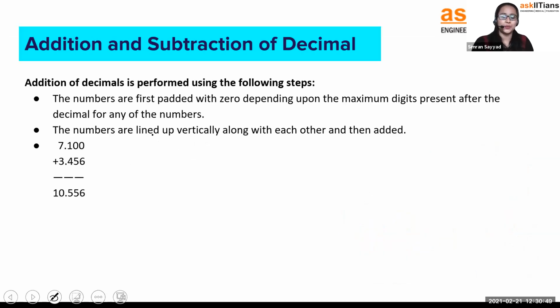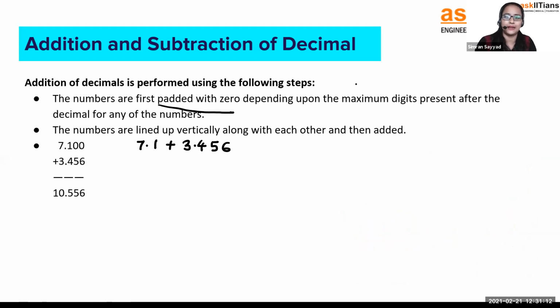Let's quickly start with how to add a decimal. Let's say they have given you a decimal, 7.1 plus 3.456. This is your decimal number and you have to add it. The very first step is you have to do the padding with 0.